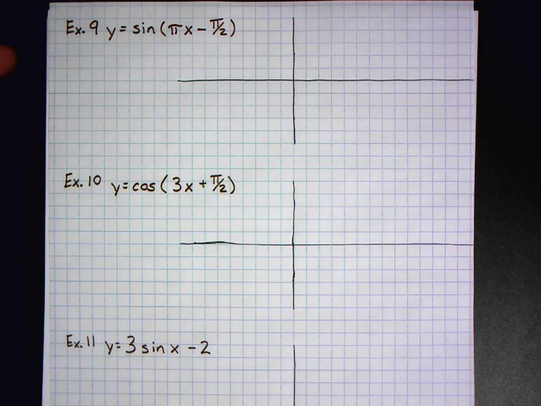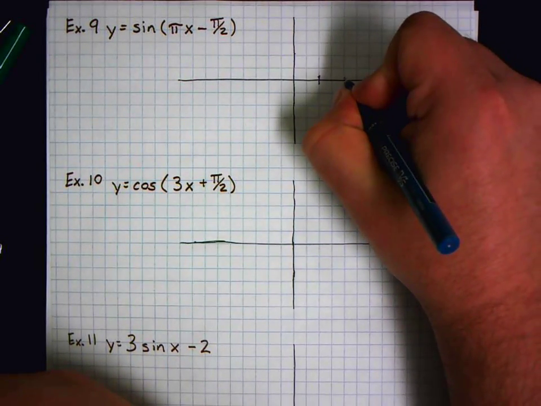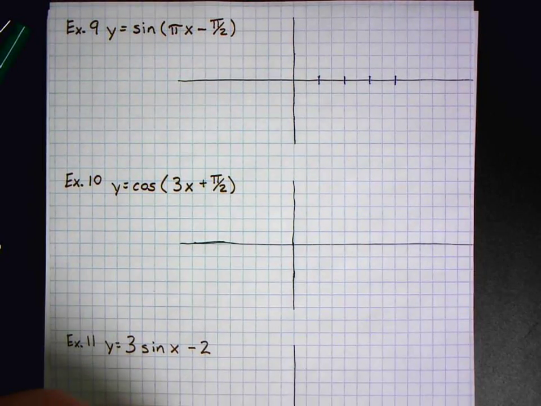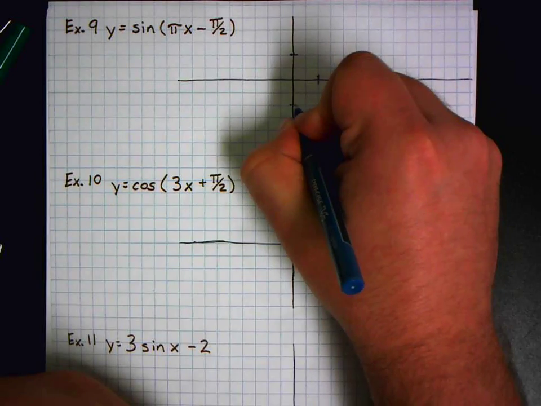Okay, so with the period, what we did was we went ahead and made our 4 marks, but we didn't label them because we knew that they were going to be changing. And then we went ahead and graphed, but I'm not going to graph because I also have to translate it.